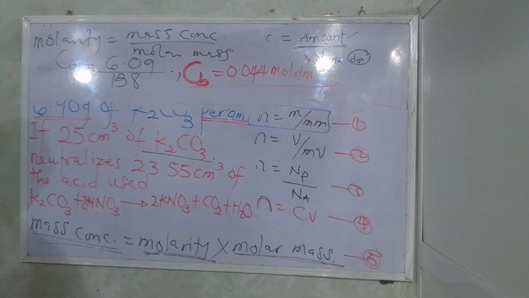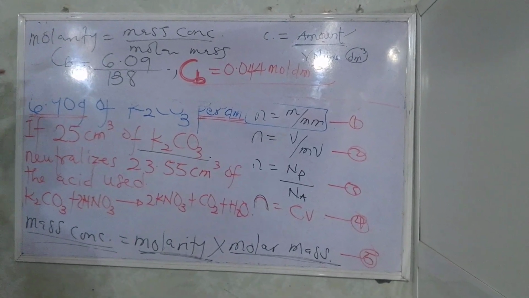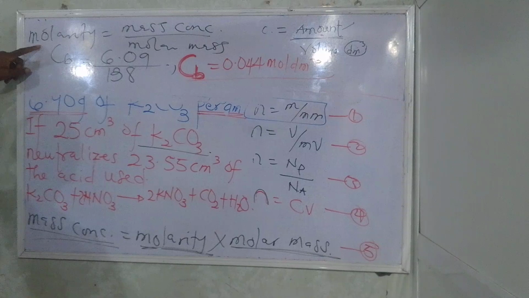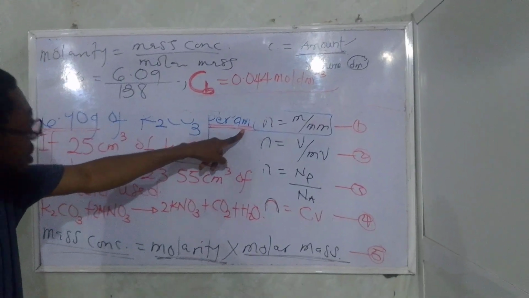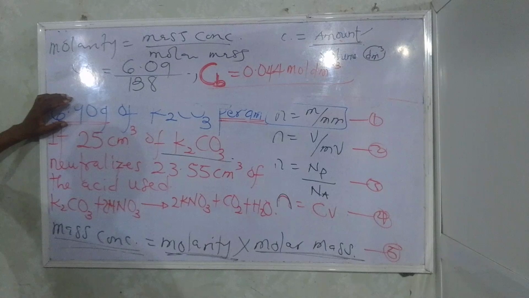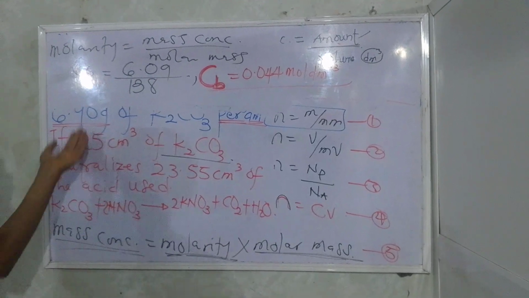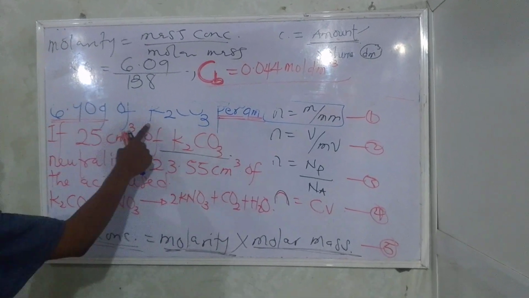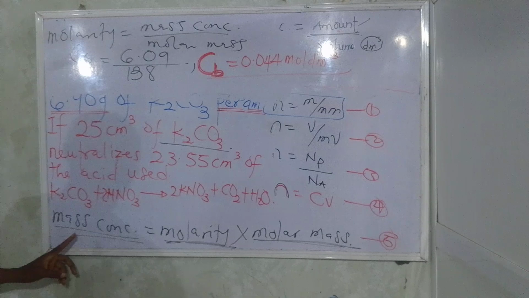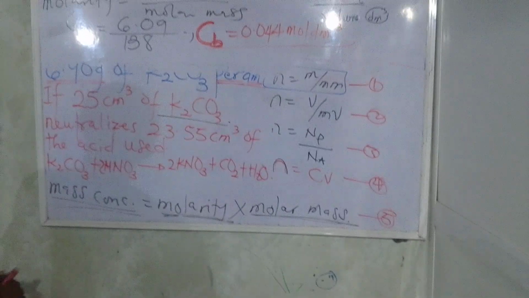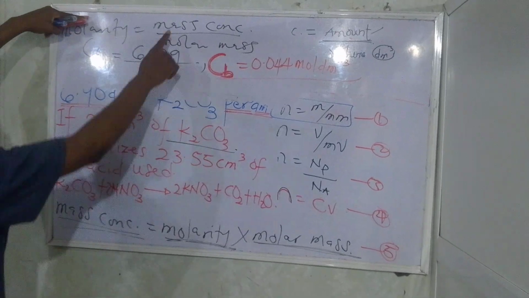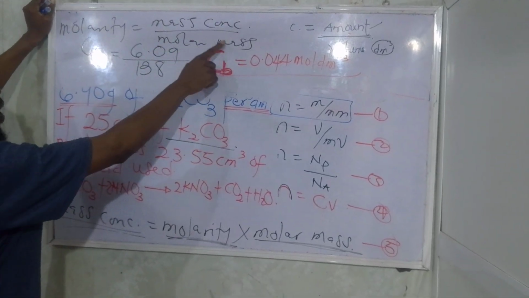Again, when we are looking at question 1, they said we should look for the concentration of B in mole per dm cube. But we know the mass of B and we know the volume in which they put B, so we get mass conc first. When we know the mass concentration of B, we calculate the molar mass of B and use the formula: mass concentration equals molarity times molar mass. Then molarity equals mass concentration over molar mass.